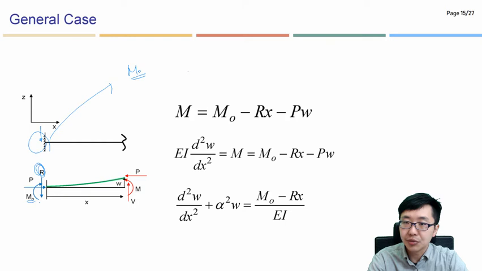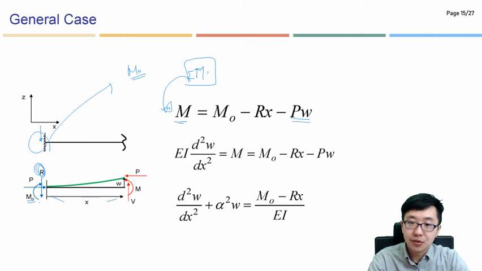So moment equilibrium equations are shown in here. Apply the moment, same as the initial moment, and reaction force times distance x, and apply the force P times deflection W. Based on these, from the simple beam theory, we can bring this again.